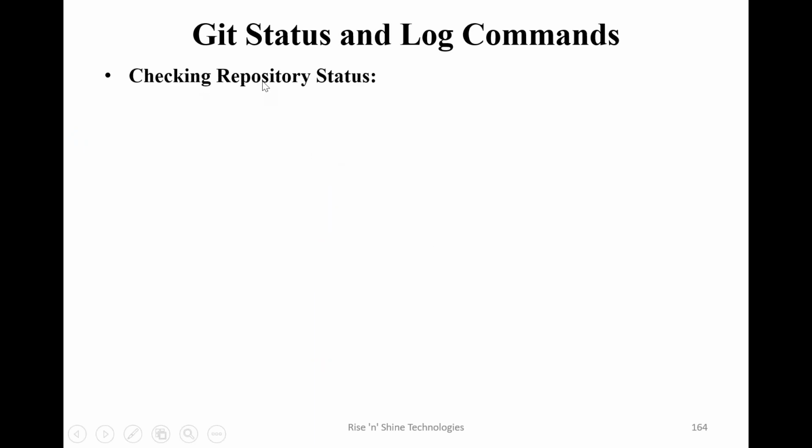Checking the repository status, we are already using it with the git status command. But git status has two options. If you give git status, it gives a long message, or we can give git status --long also.